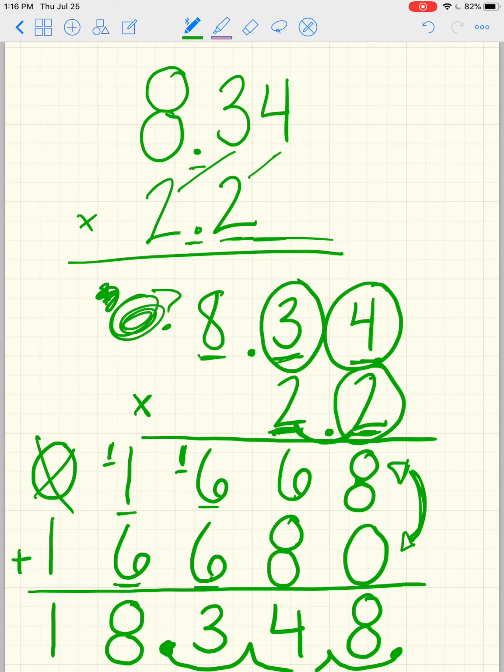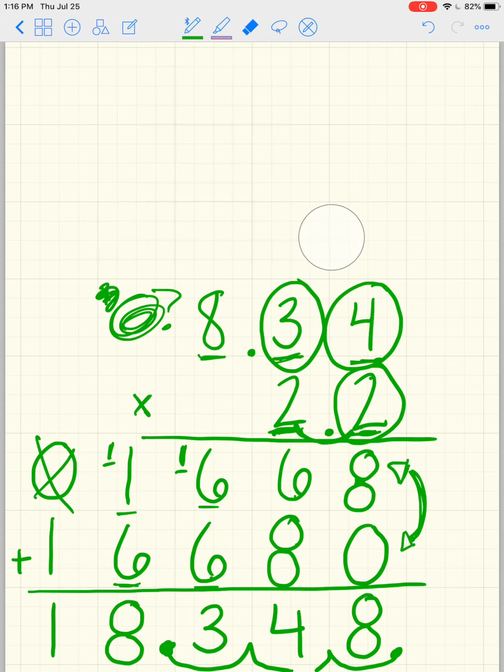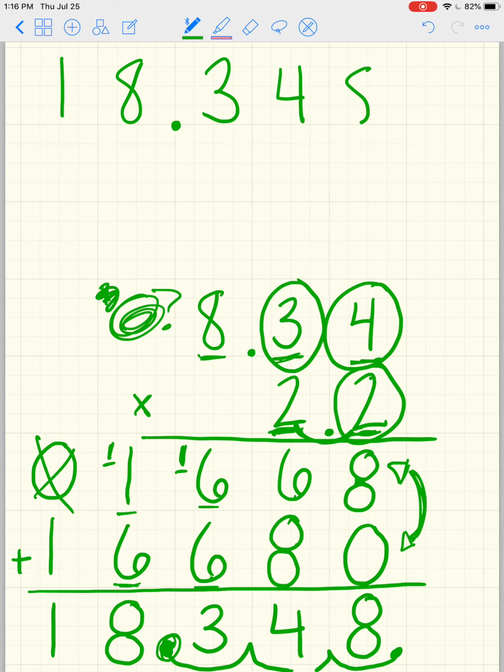Now I'm going to write this answer at the top of the screen so that it's a little less messy. So our decimal point goes right here. So it is 18.348. So that is the answer to our problem.